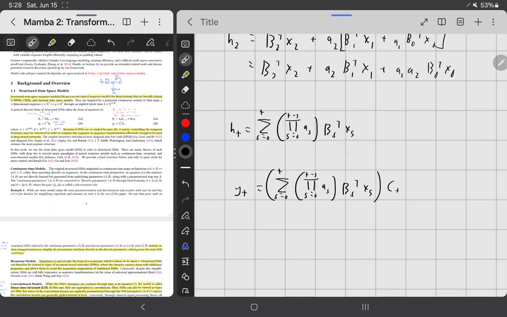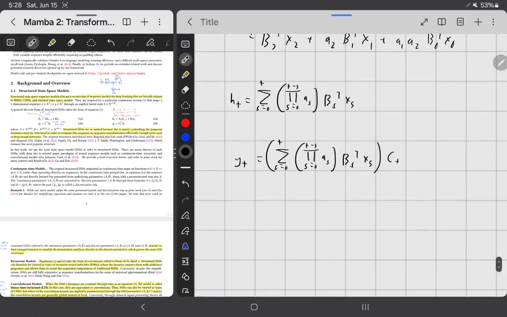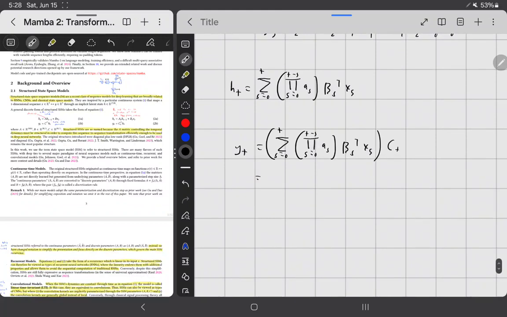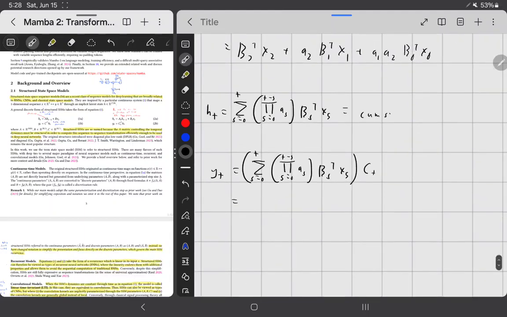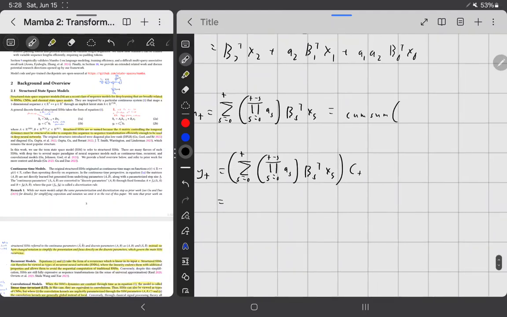times c_t. And they call this the cumprod sum, which is the cumulative sum of products. So you have this cumulative product here, and you have this cumulative sum here. And if we allow a to be equal to 1, then h_t is going to be the cumulative sum from time 0 to time t of b transpose x.